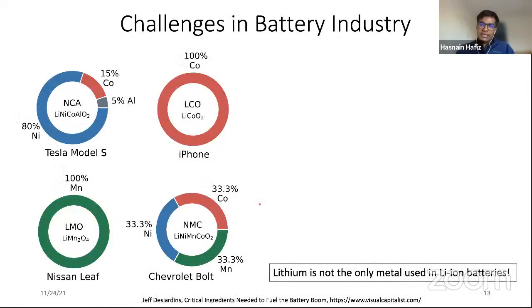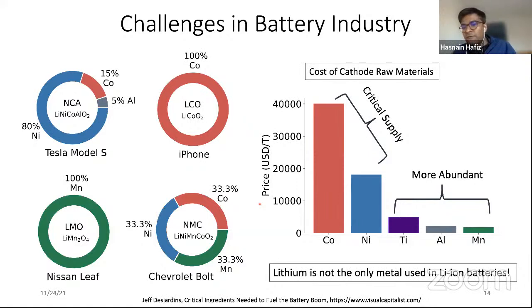Looking at the existing lithium battery industry and applications, we see that lithium is not the only metal used in lithium-ion batteries. There are many cathode types, and they all have different formulations and applications. We certainly see that the current lithium battery industry heavily depends on the supply chain of transition metals such as cobalt and nickel.